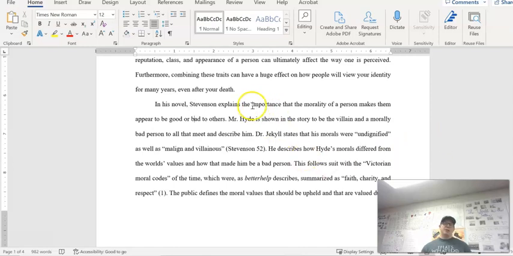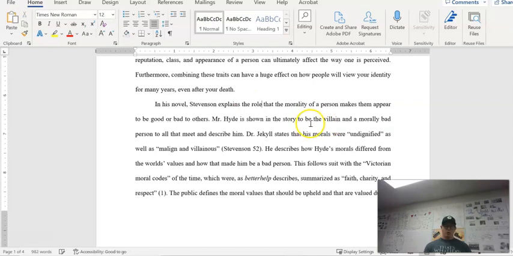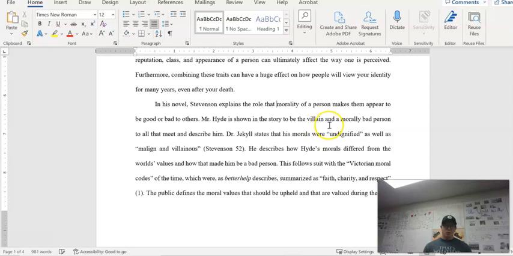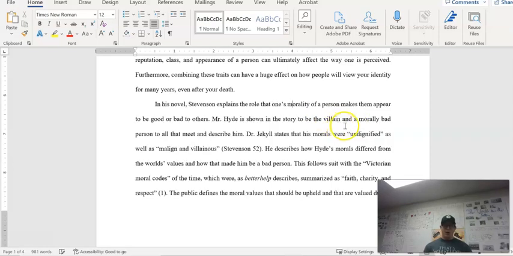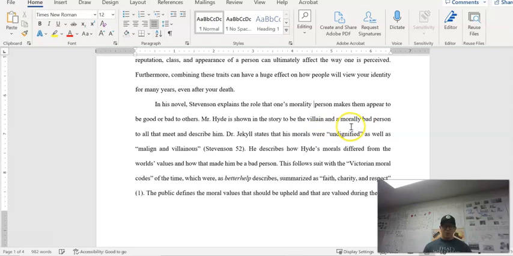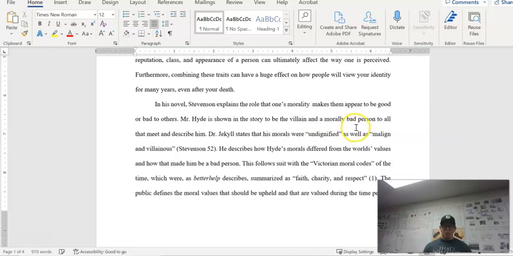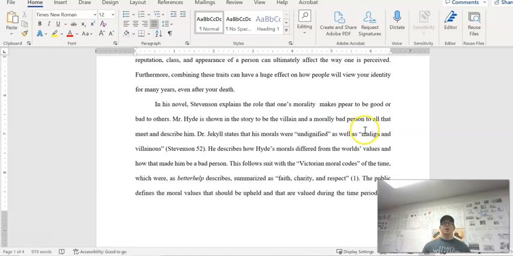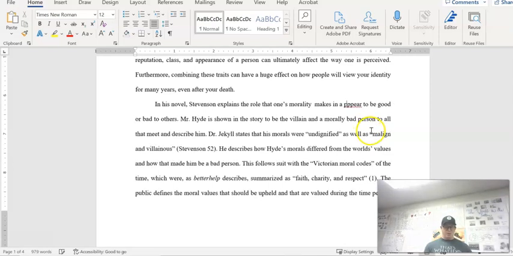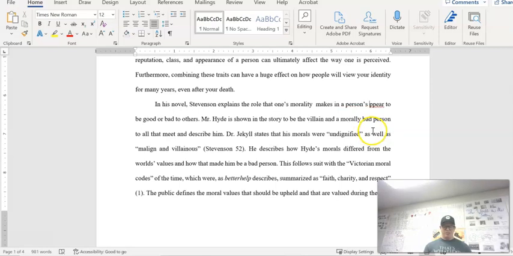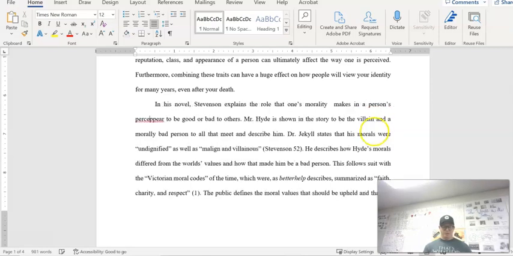Maybe: Stevenson explains the role that one's morality plays in a person's perception.